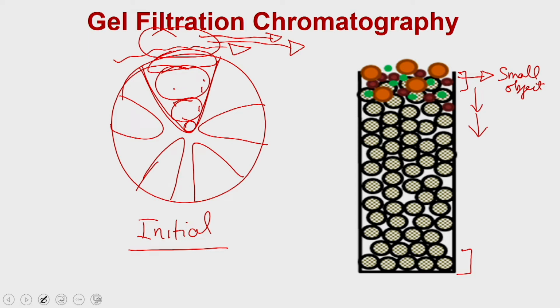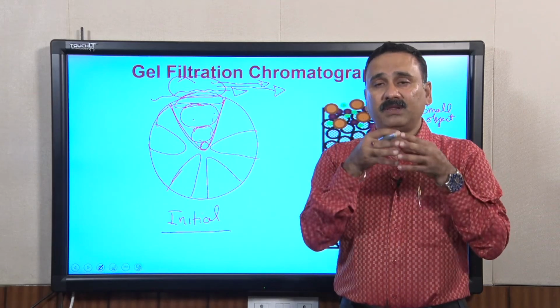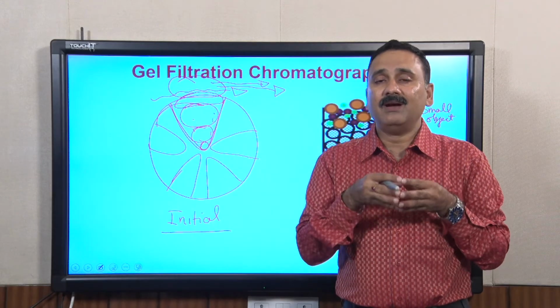So, if you have a confusion that every bead is going to have molecules of all these sizes arranged in its pores, then that is not true, because the dynamics of these molecules are very different. Because of their sizes, the dynamics of the small molecule is going to be very large.